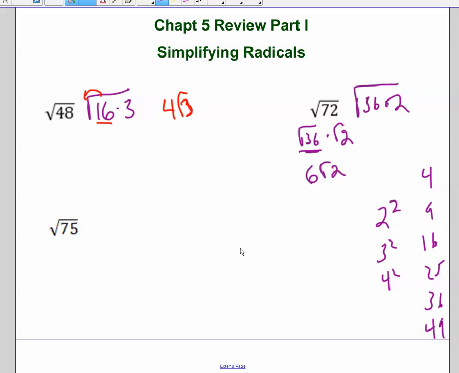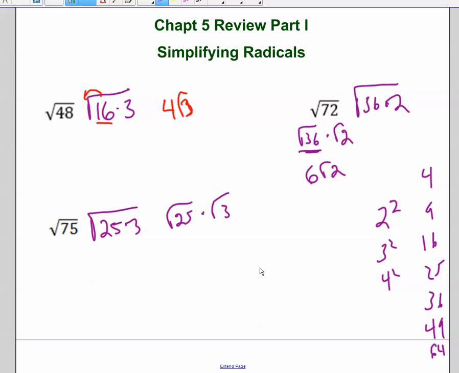Last one, 75. And we can have 64 down here and so on. We just work our way from the big numbers and work our way down. And guess what? 25 goes into it 3 times. And we have 25 times 3. And if I wanted to write these as 2 separate radicals, I can from our rules of exponents.